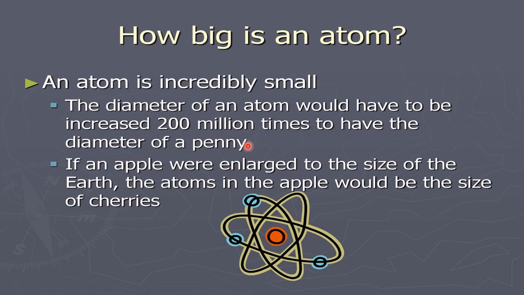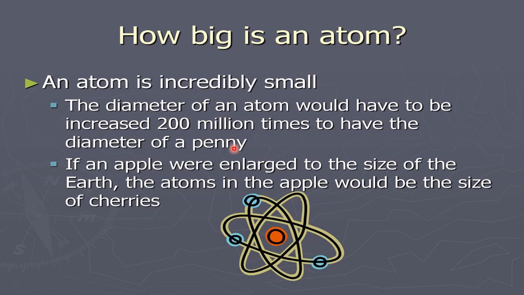You have to increase that diameter 200 million times. Then compare that with the size of the small coin. So small it is. That means the size of the atom is 200 million times smaller than one coin. That is the meaning. He has given this just to compare.